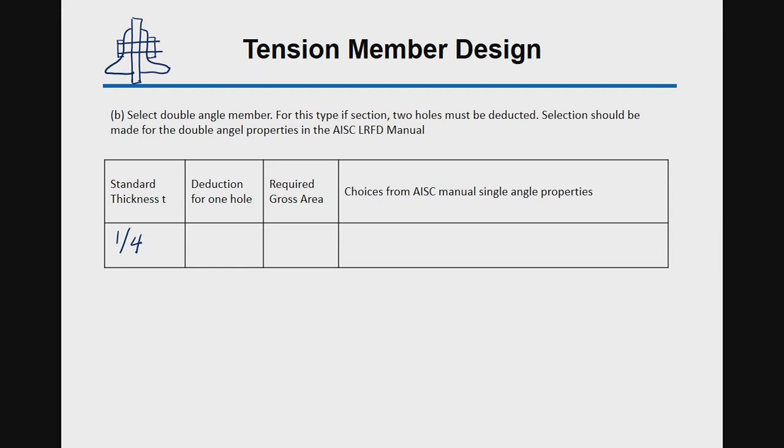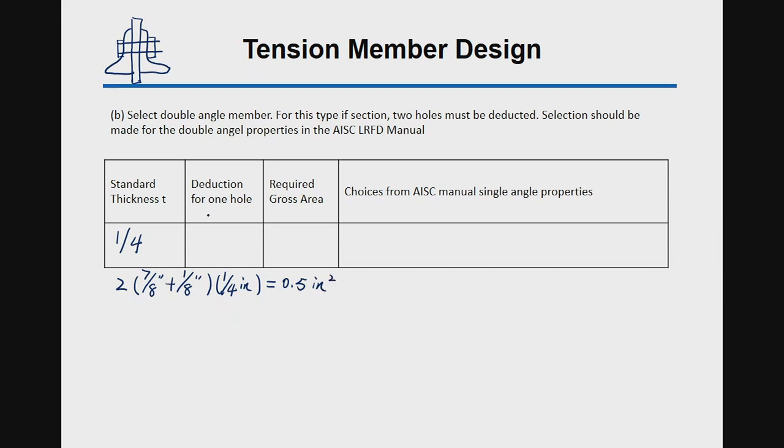So there are two holes that need to be deducted from the cross section area. So the deduction for one hole is equal to 2 times the bolt diameter plus 1/8, times the 1/4 thickness, and is equal to 0.5 square inches.